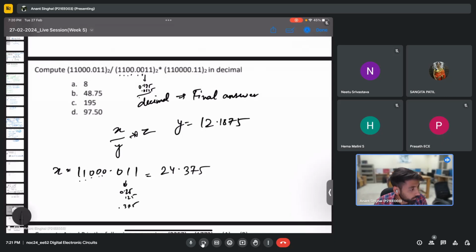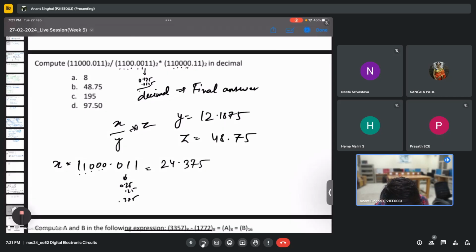So y is 12.1875, and finally z is 16 plus 32, that is 48, and 0.5 plus 0.25, so 48.75. So finally I have 24.375 divided by 12.1875 times 48.75.